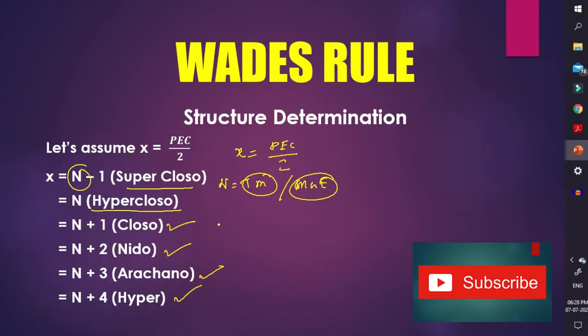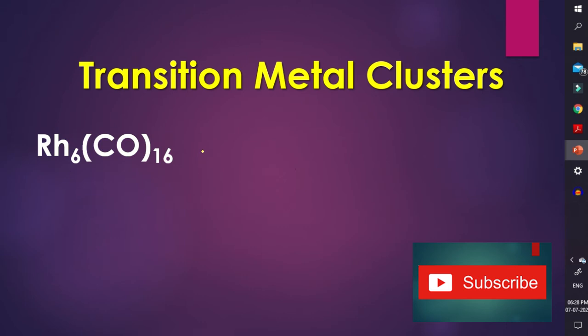Okay, so these are some formulations. It will be simply understood if you see some examples of how to calculate these structures. Here a complex is given, which is rhodium 6 carbonyl 16. According to the rule, first we have to calculate the TEC, the total electron count.